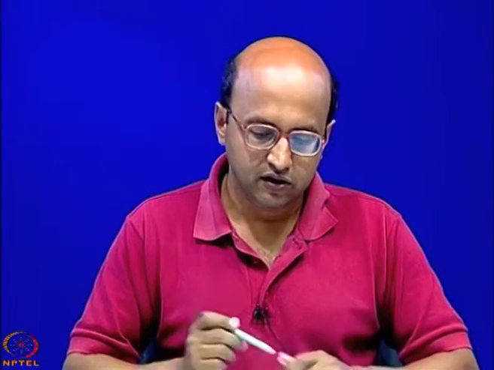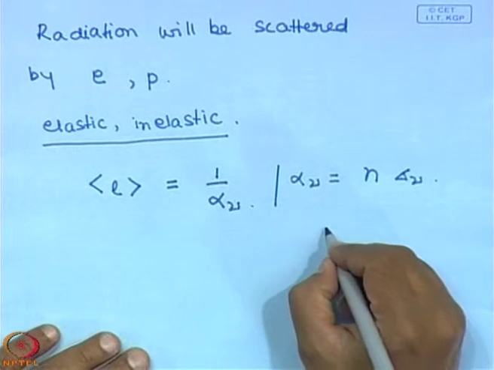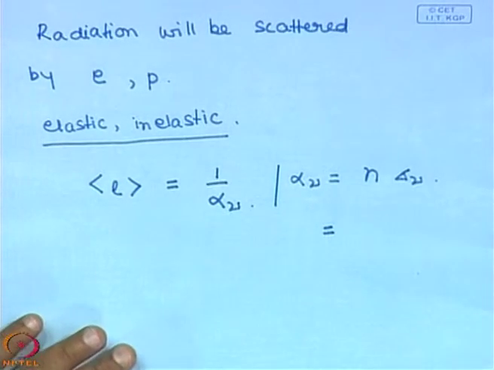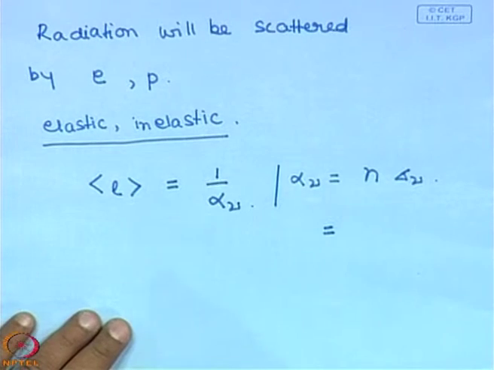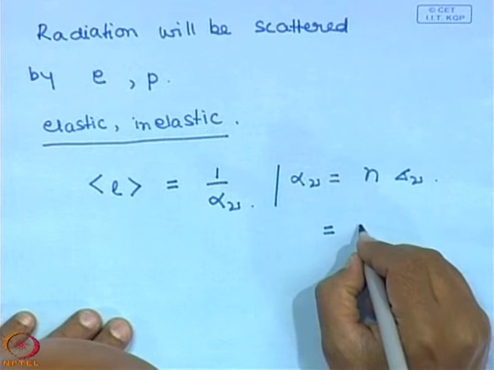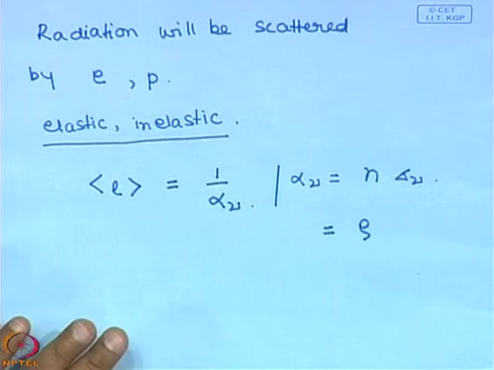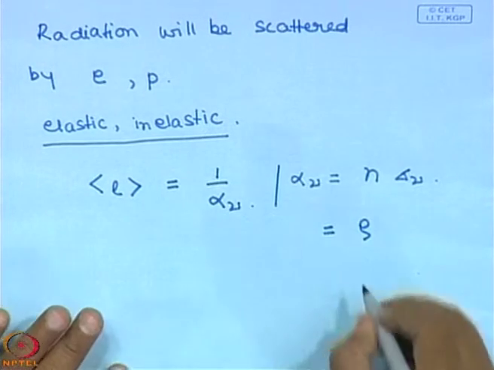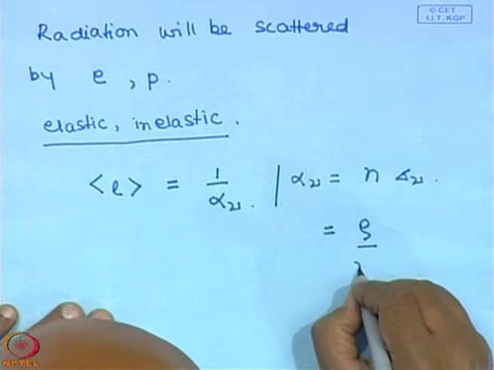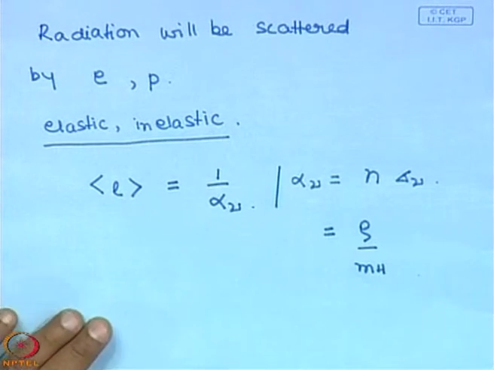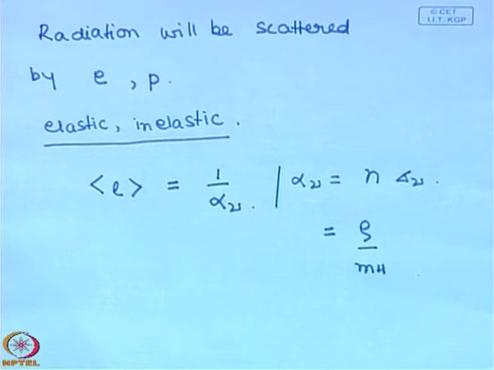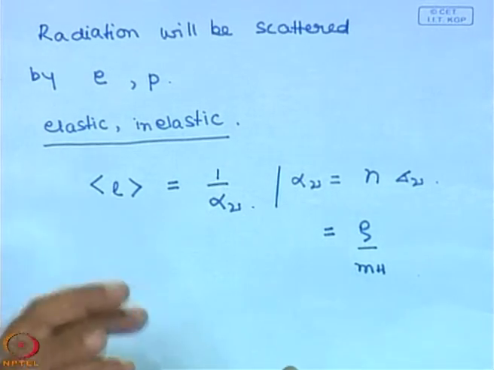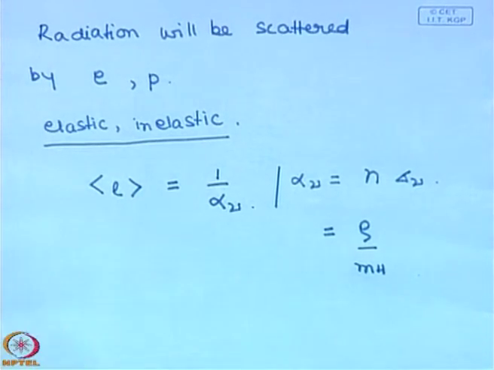So, the absorption coefficient inside the sun we can estimate to be the density inside the sun, which we have already estimated, divided by the mass of the hydrogen atom. This will give us the electron density. We are assuming that the electrons will primarily scatter the radiation through Thomson scattering. In Thomson scattering what happens?